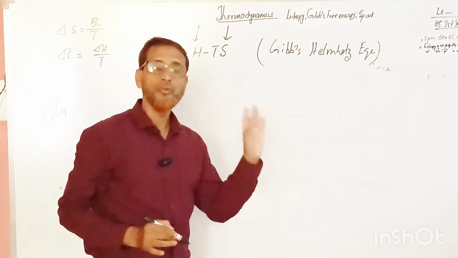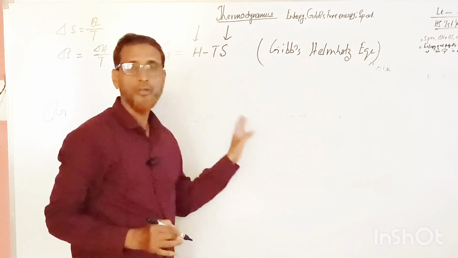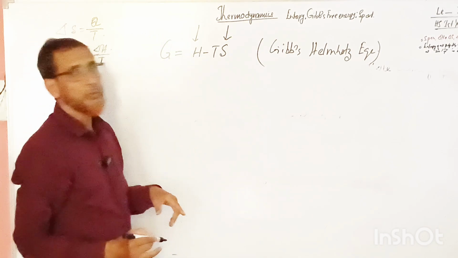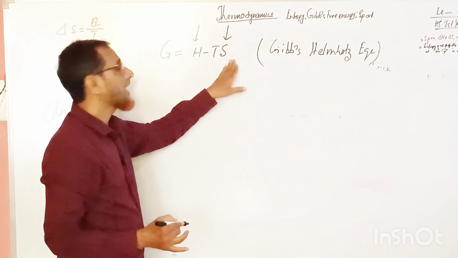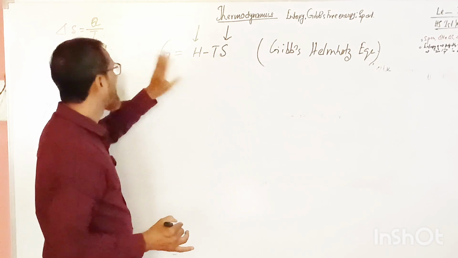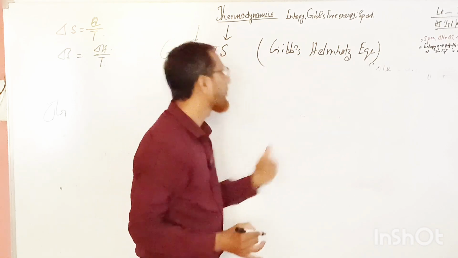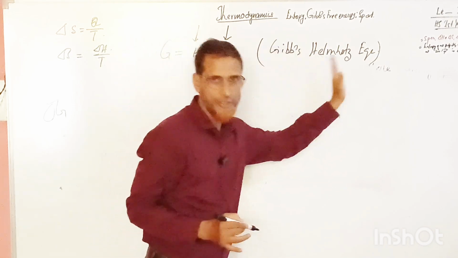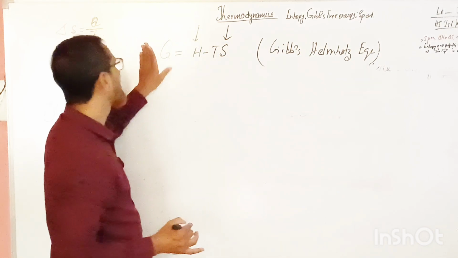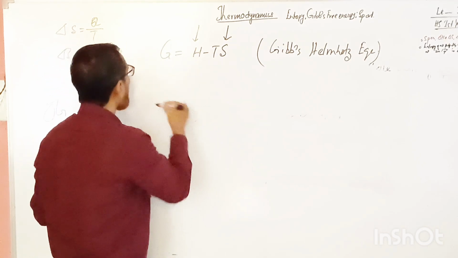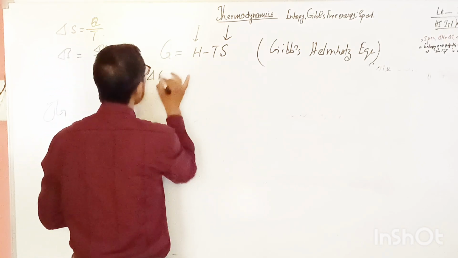To define whether a reaction is spontaneous or non-spontaneous, we commonly use H and S, and their combination can be calculated from the Gibbs-Helmholtz equation, G is equal to H minus TS.